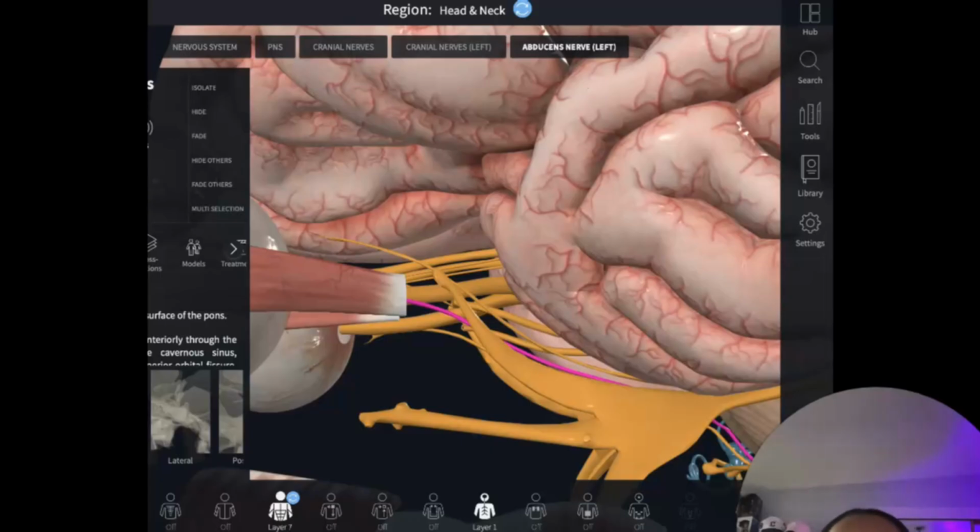Like I stated before with the medial rectus, this also helps with coordination of horizontal eye movement, so moving from side to side. The medial rectus and the lateral rectus work together. If the nerve was damaged, the eye wouldn't be able to move outwards, and it could lead to disorders like esotropia, and rehab for this can go from 3 to 6 months and onwards, depending on the damage, just like the medial rectus.